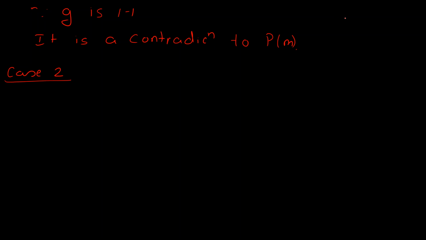Now, what is the second case? In the first case, I had assumed that f of n is some m plus 1. Now in this case I will assume that f of n is equal to some r which is less than m plus 1, so it can take some values from 1, 2 till m, but not m plus 1.